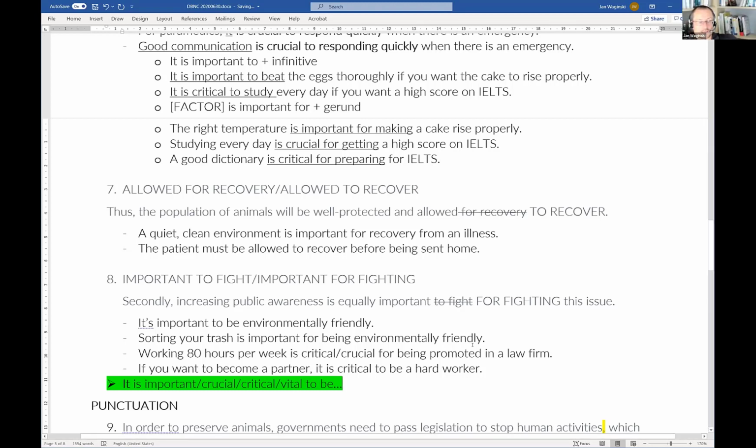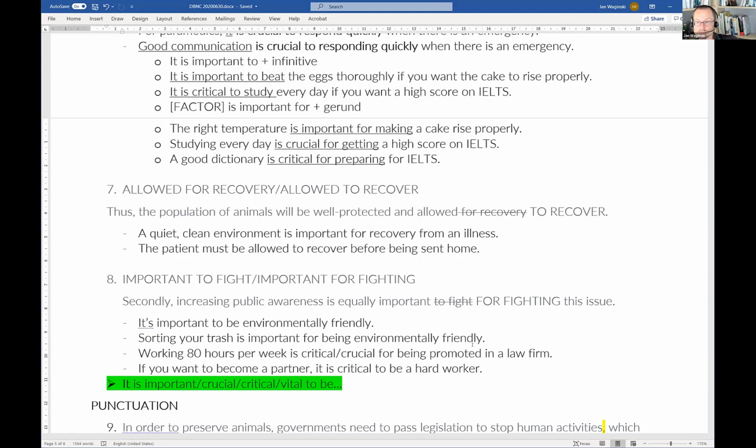Okay. Any questions, comments, observations about this point? If you come across any good sentences, please post them in the Q&A forum if they're anything like this, either for being or to be with one of these words, important, crucial, critical, vital, and we'll continue the discussion in the forum.